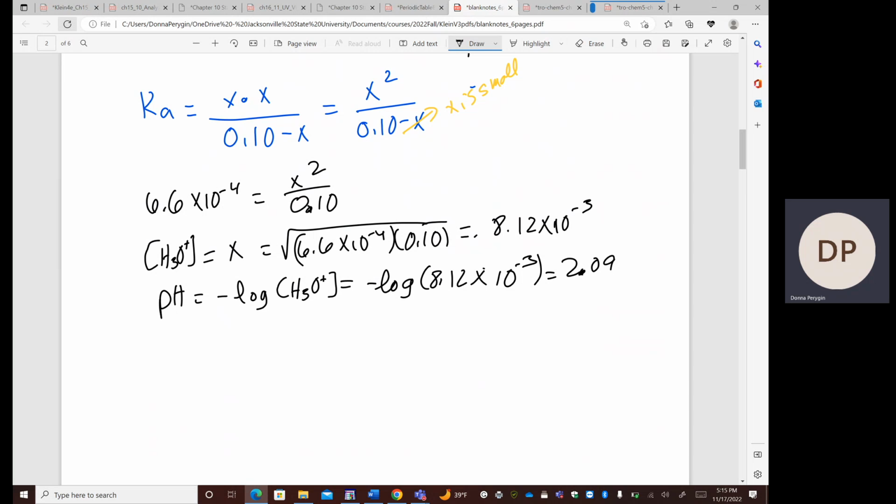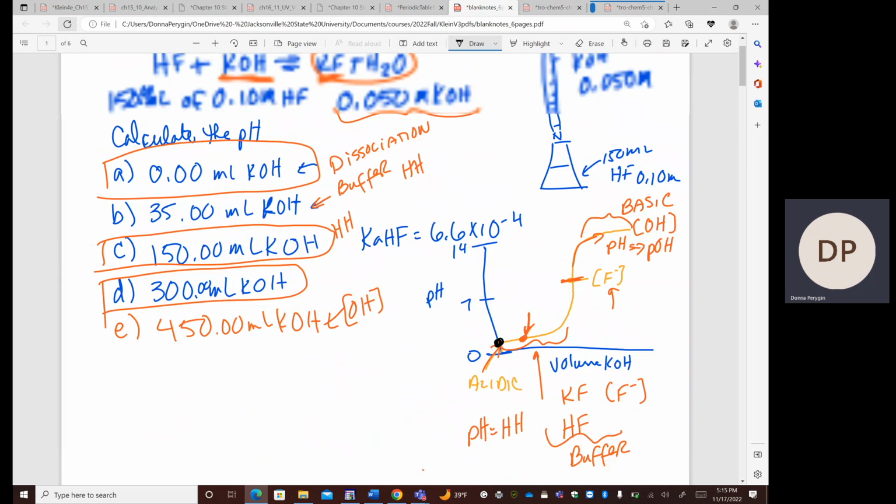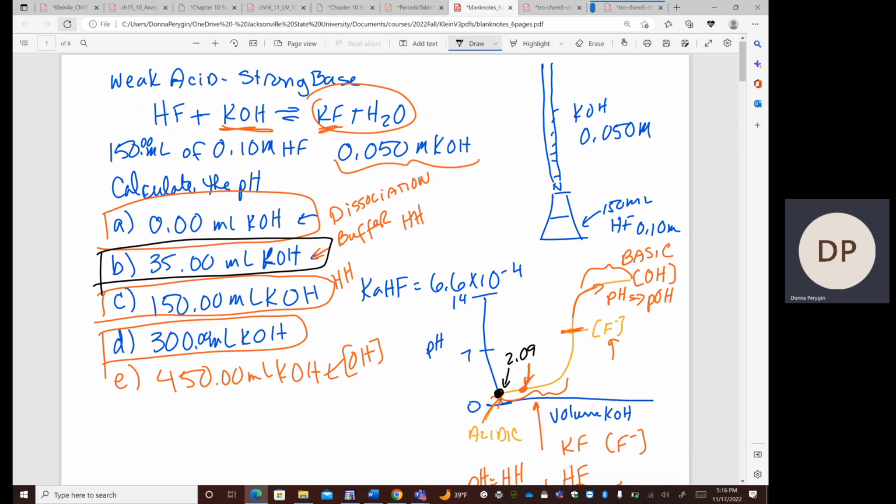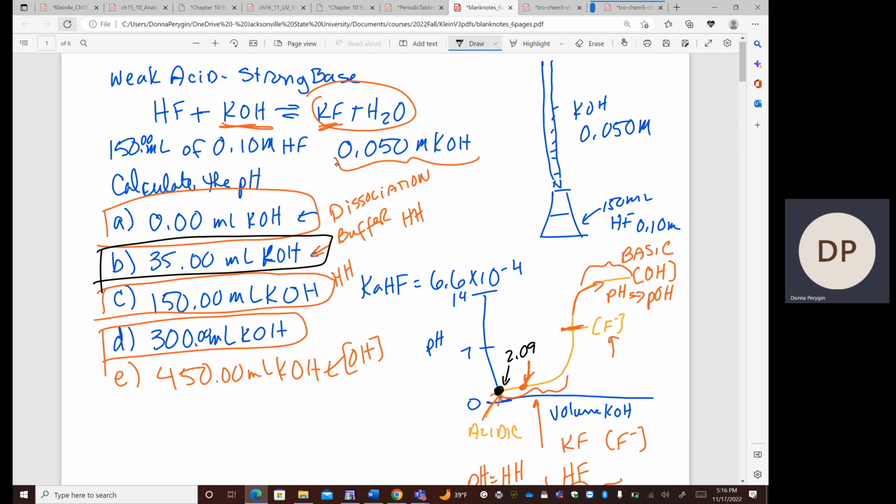So our initial pH, when we're just getting started on this graph, is 2.09 before we add any potassium hydroxide. So B says, let's calculate the pH after we added 35 milliliters of 0.05 molar potassium hydroxide.